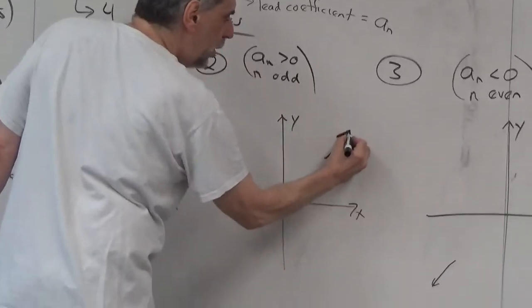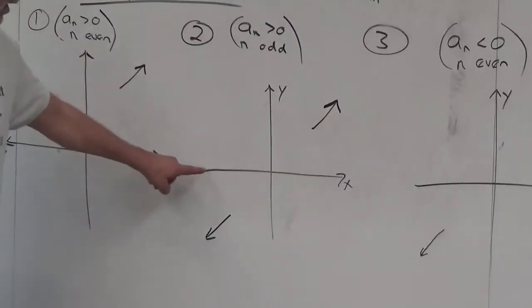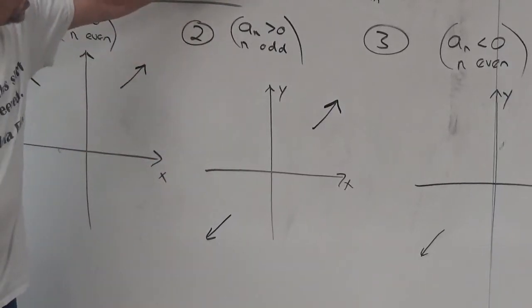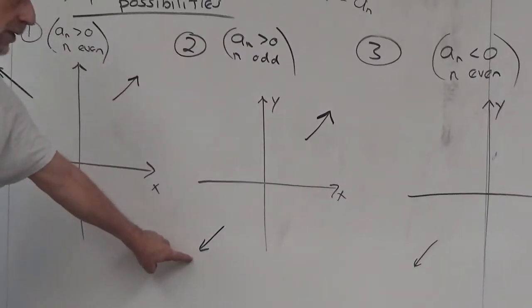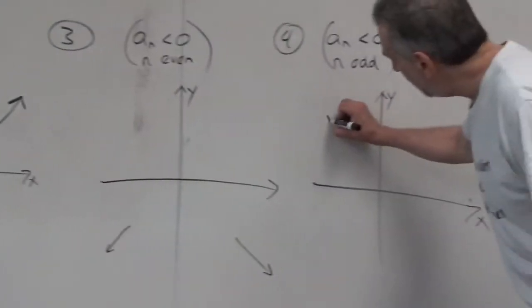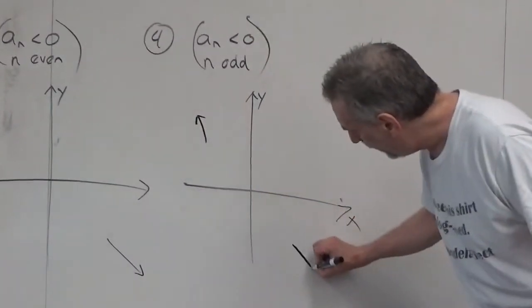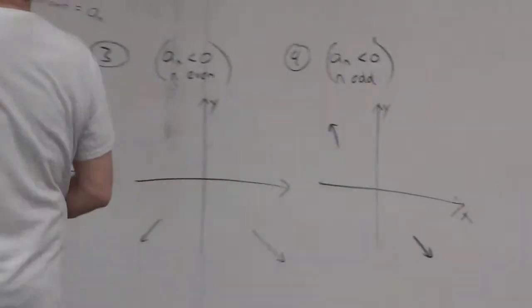So it goes up, and then in the other direction it goes down. Because if we take a negative value and raise it to an odd exponent, we get a negative value times a positive, which tells us it goes down in that direction. And the opposite over here, going up in this direction and down in this direction. So that's what we're talking about with end behavior.